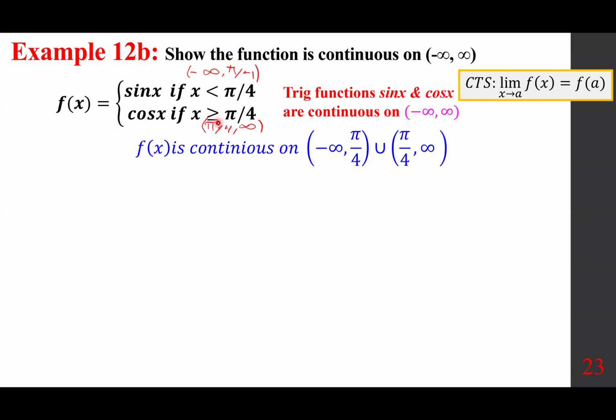But what about the endpoints, namely pi over 4? We have to check it out.